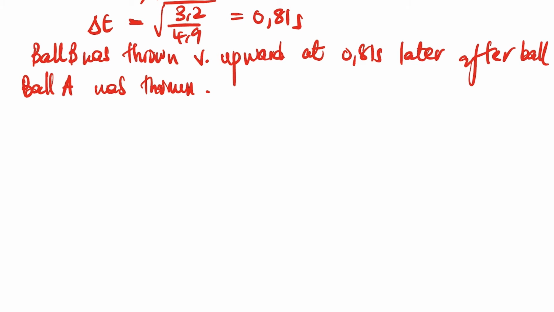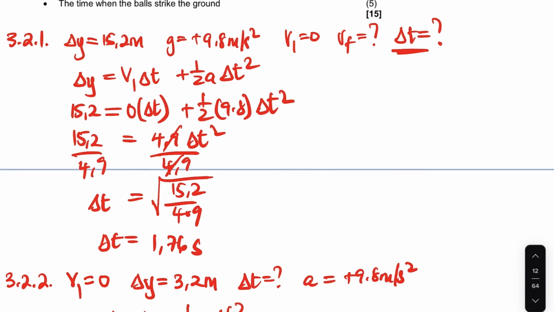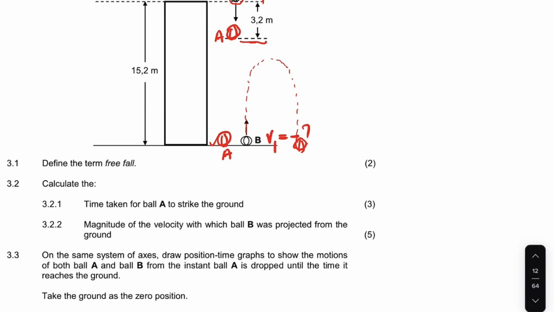So what are we going to do in order to find the time that ball B took? Because ball B was thrown 0.81 seconds later, and they reached the ground at the same time. So we will subtract this time from the whole time that ball A has taken to the ground.